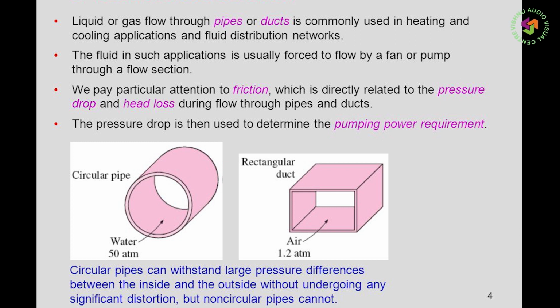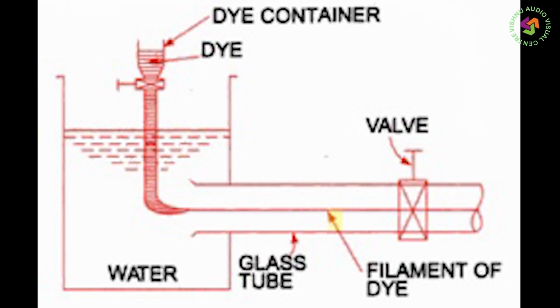And the last part is pipes joined in series, pipes connected in parallel, branch pipes, and then pipe network. So in these cases, how do we solve a problem?